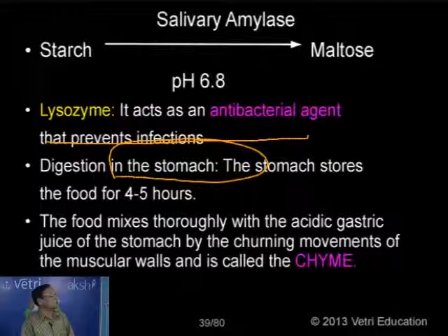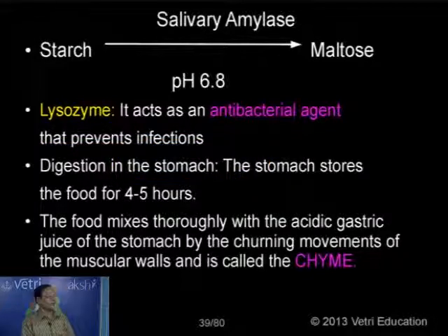That is the role of salivary amylase, the only enzyme found in the saliva that is concerned with the hydrolytic splitting of carbohydrates. Then the lysozyme, an antibacterial agent, kills the bacteria that enter along with food particles.